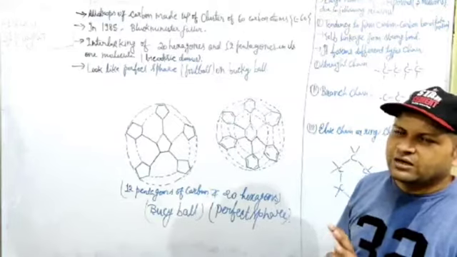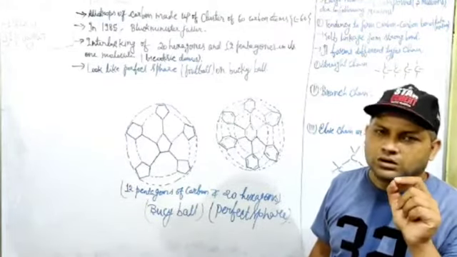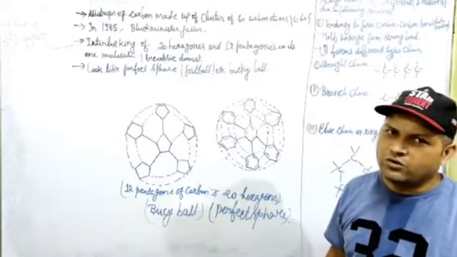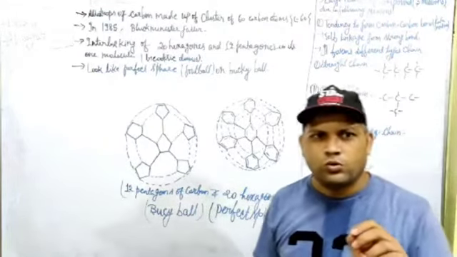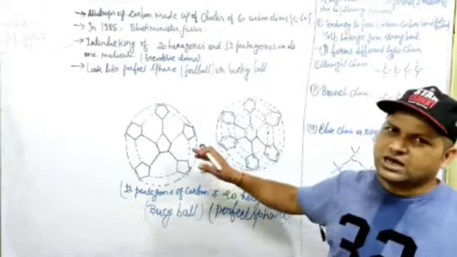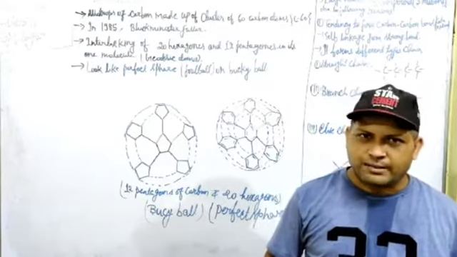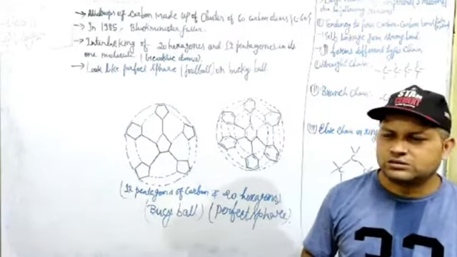These are the other allotropes of carbon. Now I hope you know about the other allotropes of carbon other than diamond and graphite.